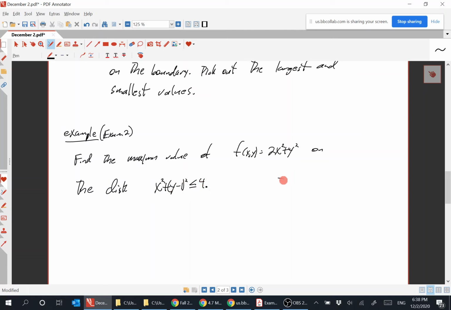So what is that disk? That's the disk of radius 2 centered where? At (0, 1). Right? So here's (0, 1) in the center here.